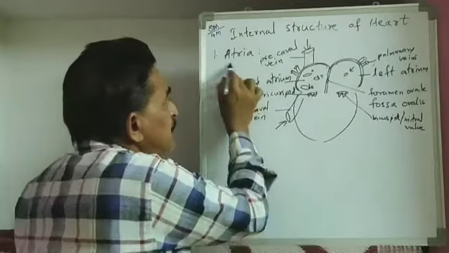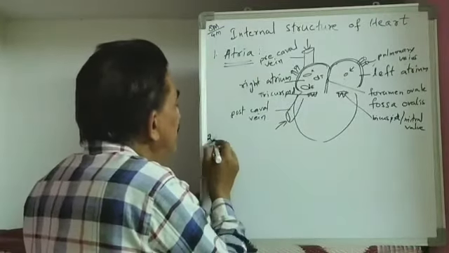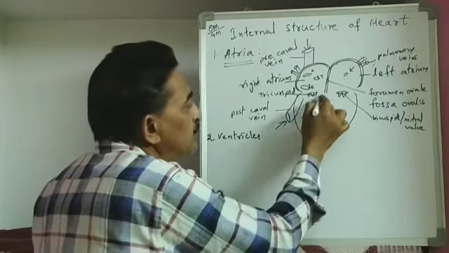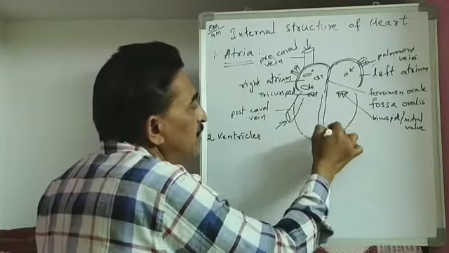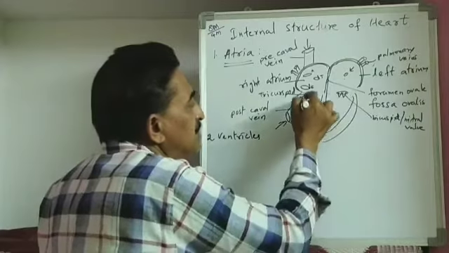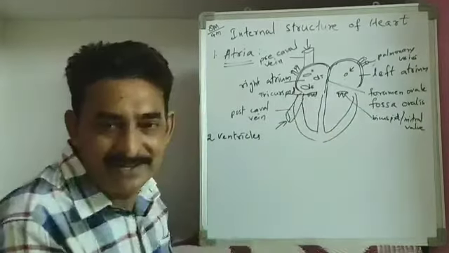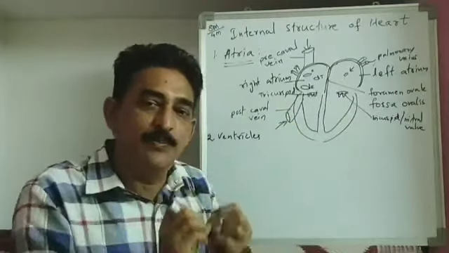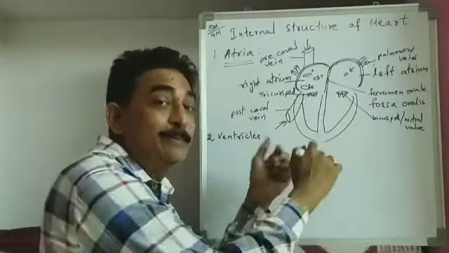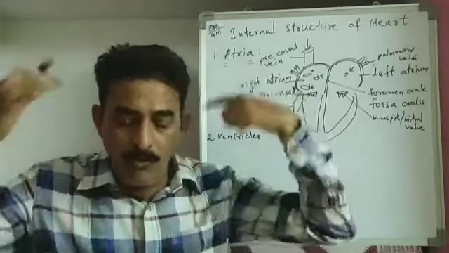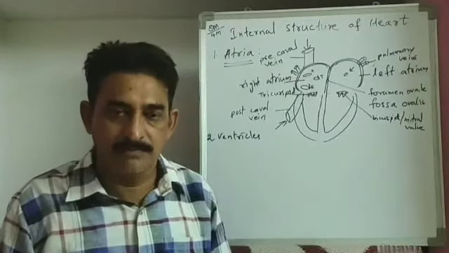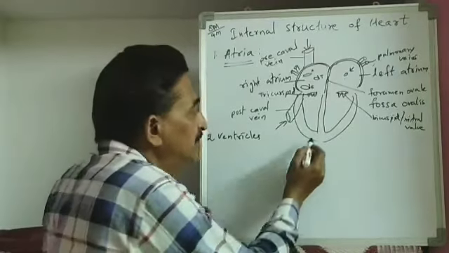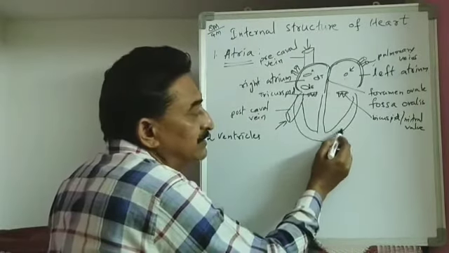This is about the atrium. Now coming to ventricles, the second heading. The lower two chambers are the ventricles. They are pumping chambers. Pumping means they give blood to the whole body. Their walls are very thick.